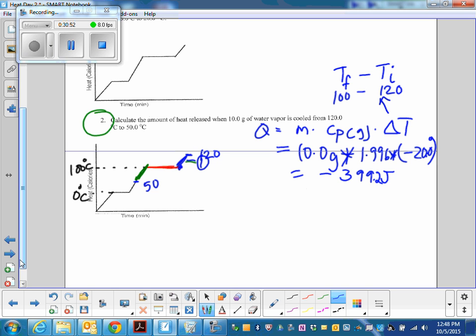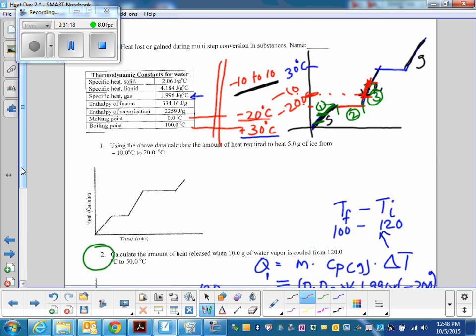Alright? That's my Q1. Now, for my second step, Q2, I know the gas is condensing because the gas is becoming a liquid. The process is condensation. It is not evaporation. Is that right? So, it's M times heat of condensation. Well, the heat of condensation is not given. Only the heat of vaporization is given.